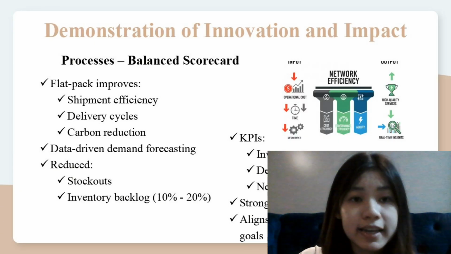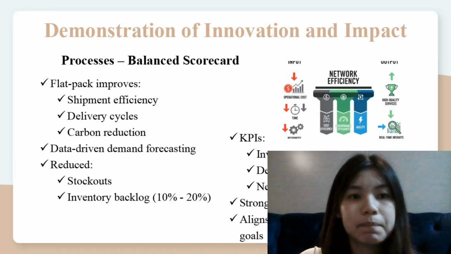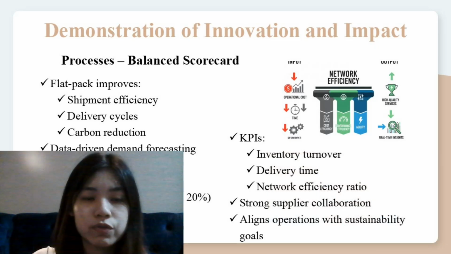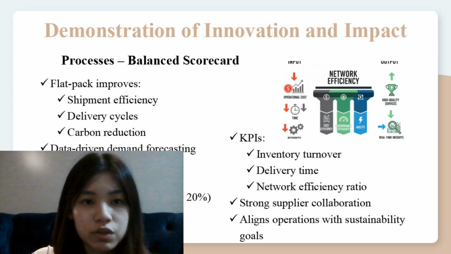IKEA also uses data-driven demand forecasting to accurately plan inventory. This reduces stockouts and prevents inventory backlogs by 10% to 20%, ensuring products are available when customers need them. To track operational performance, key KPIs such as inventory turnover, delivery time, and the network efficiency ratio are monitored.